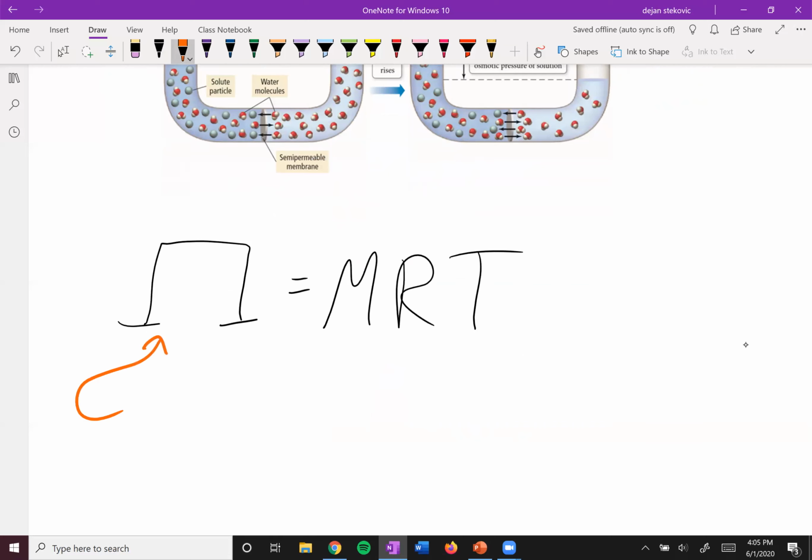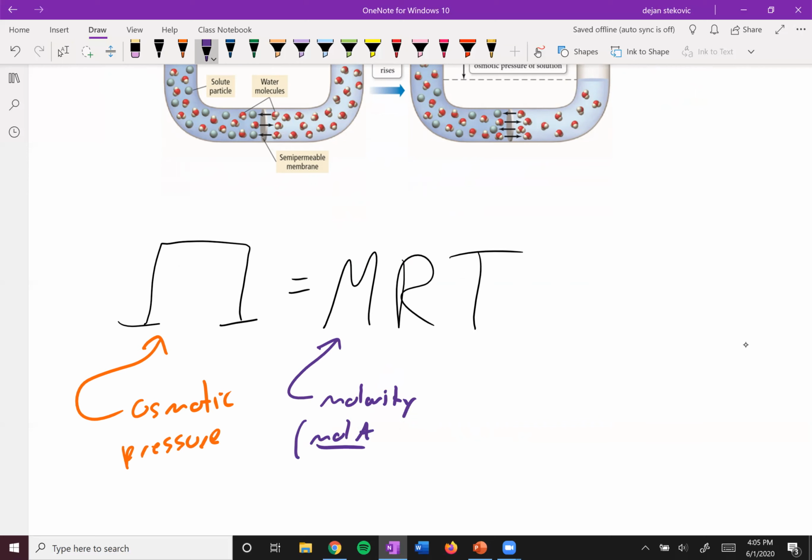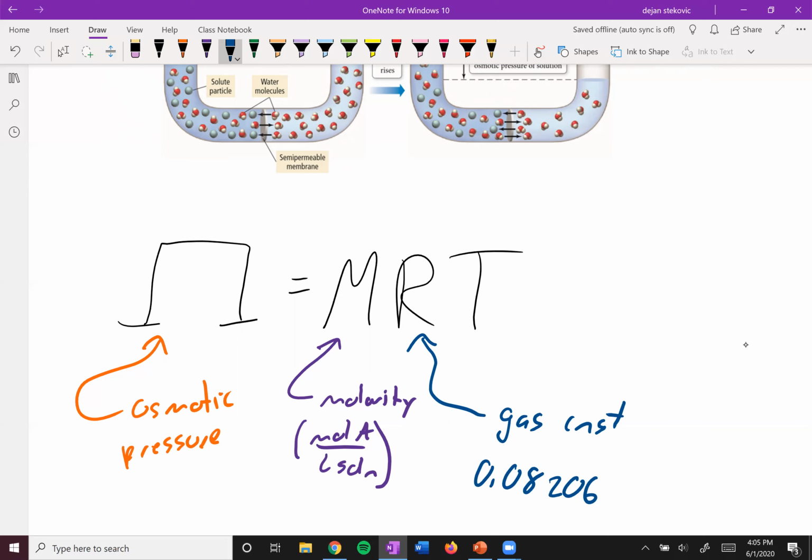Again, this is osmotic pressure. This is the molarity; remember, that's moles of whatever you're talking about over liters of solution. This is R, our gas constant, and we want to use 0.08206 liters atmospheres per mole Kelvin. Since this gas constant is in Kelvin, the temperature must be in Kelvin.